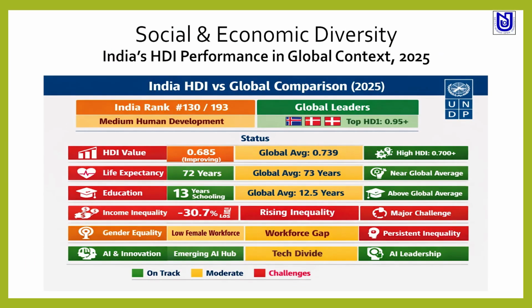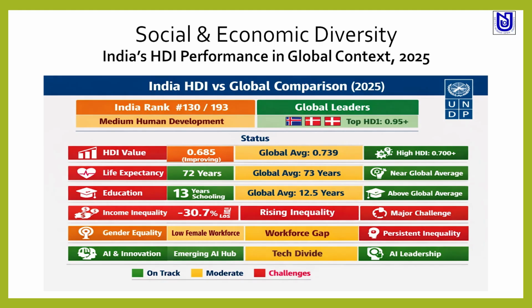Now, let us brief India's HDI performance in global context in 2025. Here, India ranks among 193 countries with a Human Development Index (HDI) value of 0.685, placing it within the medium human development category.